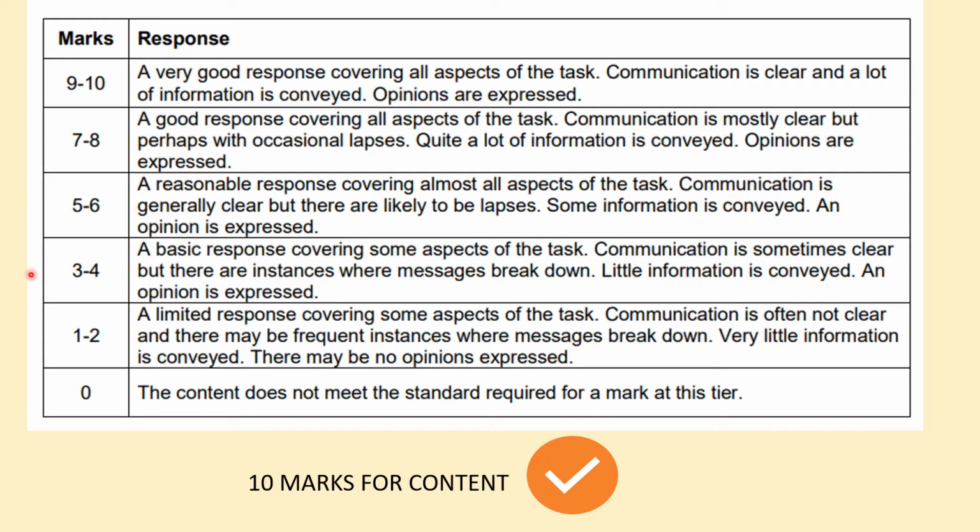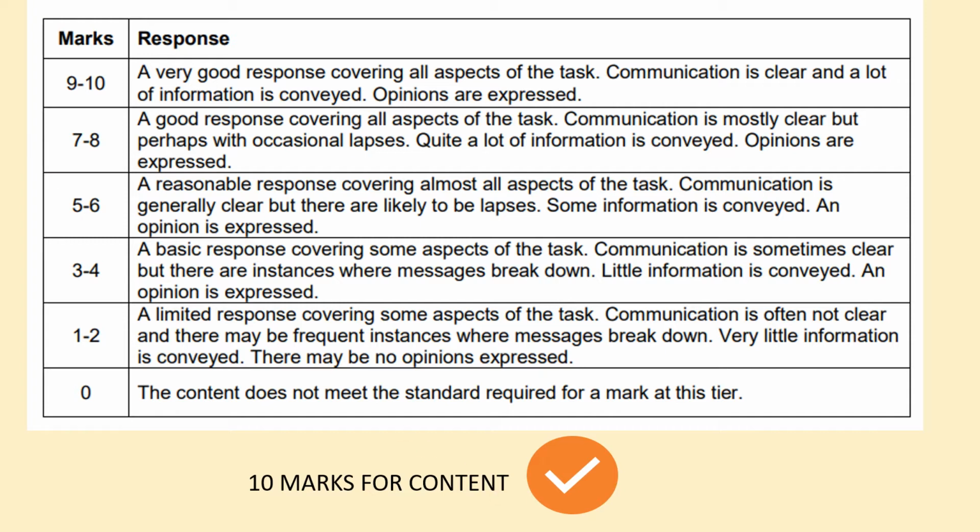It doesn't matter if they're not equal. You might answer 1 bullet point with 1 sentence because you don't understand it very well. But at least you've covered it. That means you can go into this box 7 to 8 or even 9 to 10.